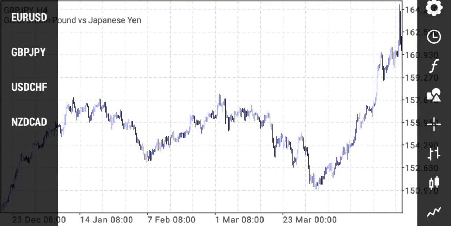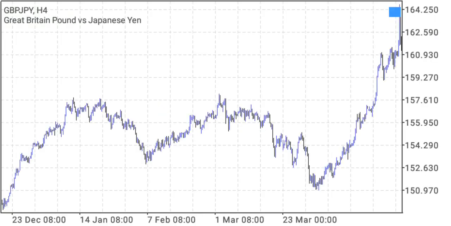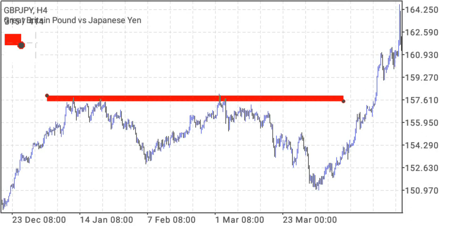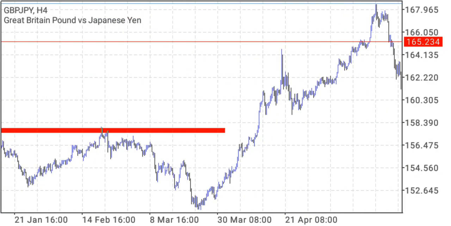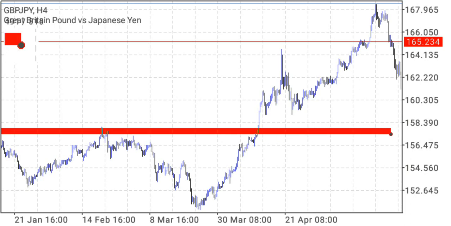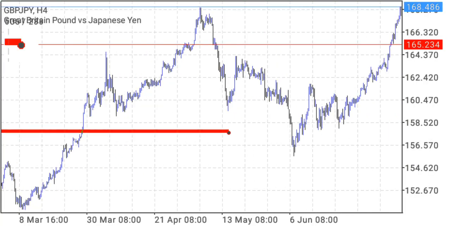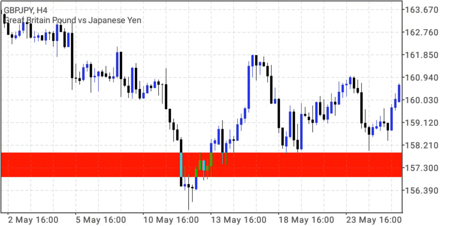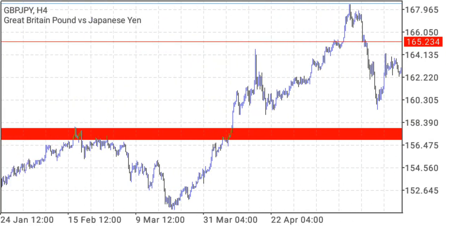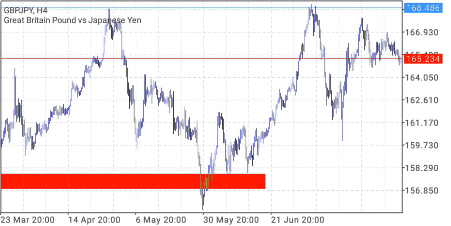Now as you can see here, we see a resistance zone here. So you draw this to the future, and let's see if price respects it. See, what did we see here? Price came and touched that same zone and went to the upside.